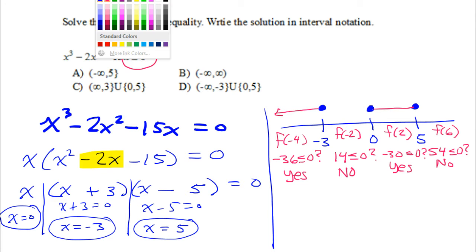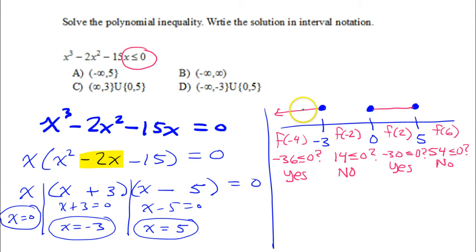Now, as my final act, I need to translate these solutions that I have graphed into interval notation. So this arrow over here on the left is from -infinity over to -3. And because it's a closed circle at -3, I'm going to put a bracket.